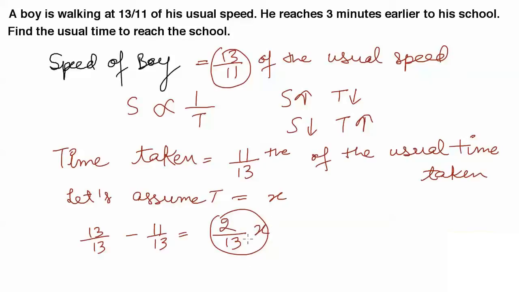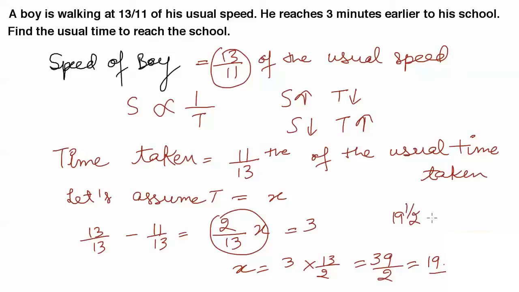And the value of 2/13 x is 3 minutes. So x is equal to 3 multiplied by 13/2. So it becomes 39 divided by 2. So it is 19.5 minutes. So 19.5 minutes is the usual time to reach the school, and that's our answer.